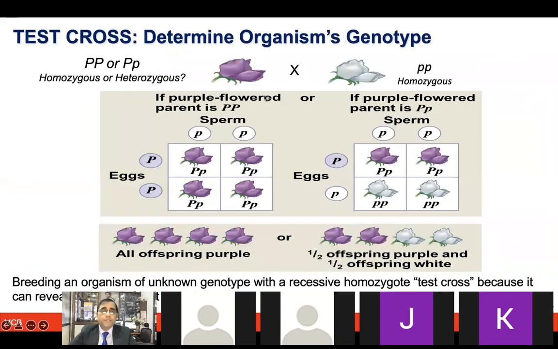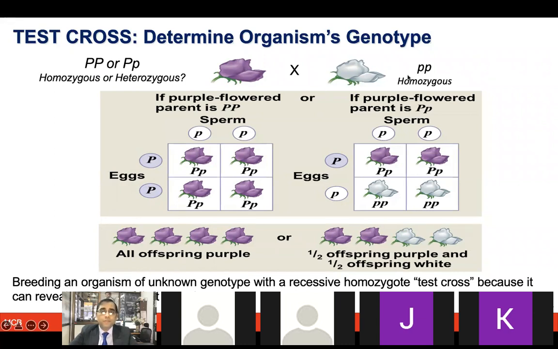However, as I mentioned, when looking at the purple flower, you cannot be sure whether it is homozygous or heterozygous. How do we ensure that, for the purple flower, or for that matter the inflated versus constricted or tall versus dwarf, those characteristics are homozygous or heterozygous? To determine that, the experiment we can do is known as a test cross, where you take the homozygous recessive.